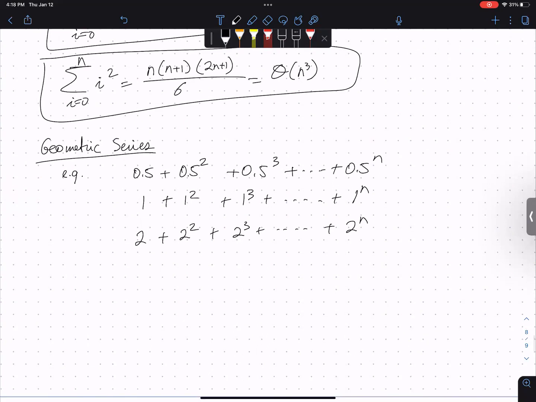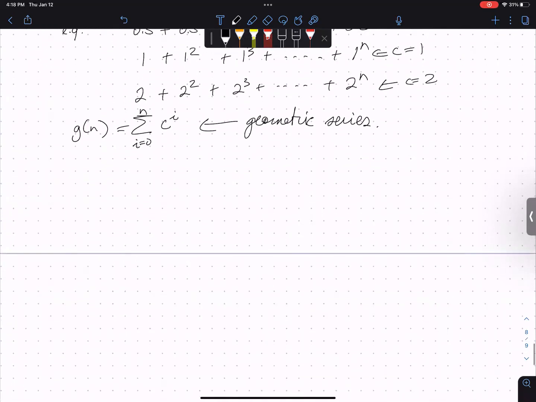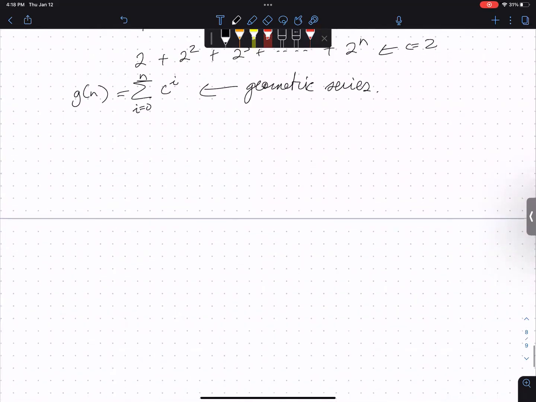Now, in general, you can write g of n as a sum, with terms going from 0 to n, and each term is c to the power of i. So here, c equals 2. Here, c equals 1. Here, c equals 0.5. This is called the geometric series. When you see a geometric series, you can use this nice property about its asymptotic behavior.